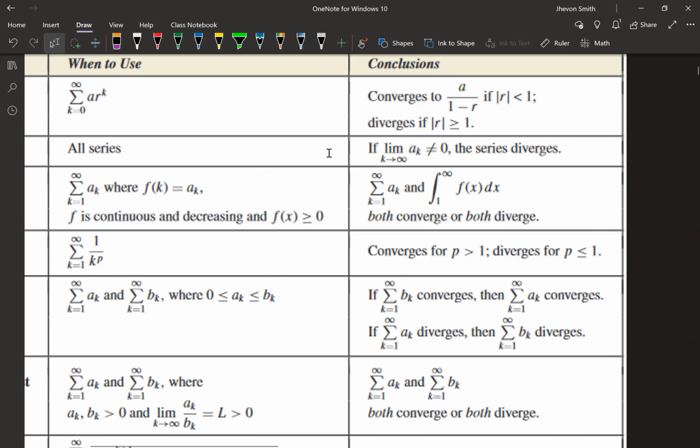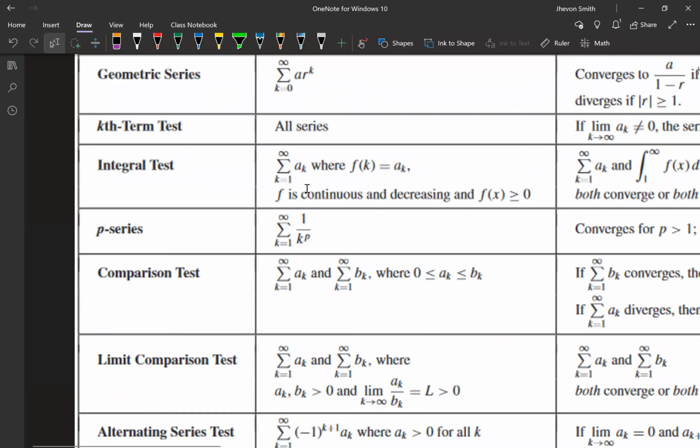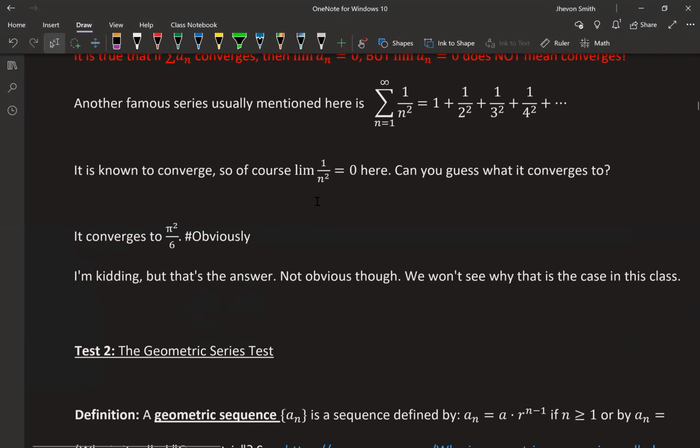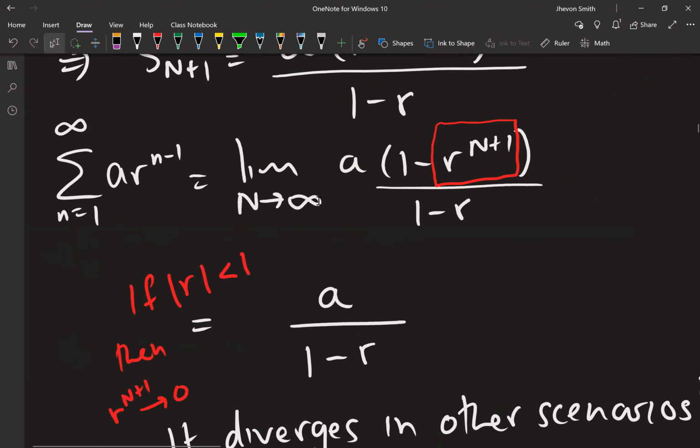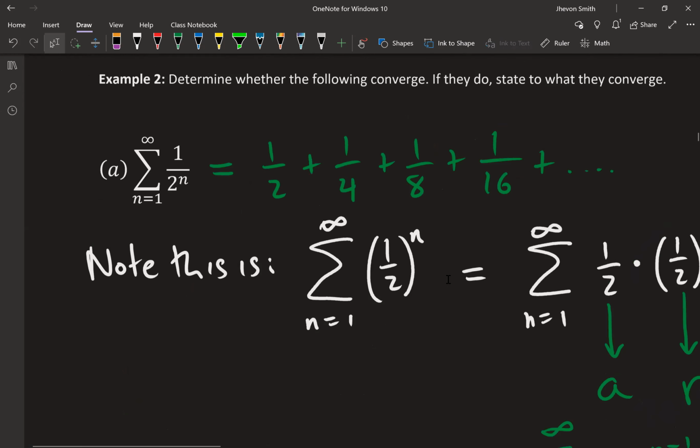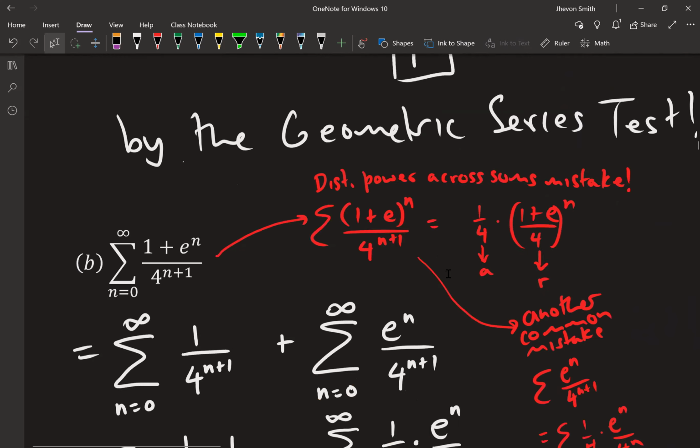So equal to 1 is also bad. And we could tell that from the proof. If your R is equal to 1, you're dividing by 0. That's not going to be good. The limit's not going to exist in that case.